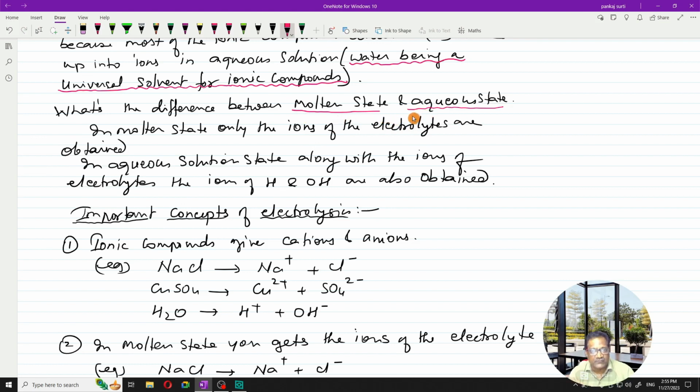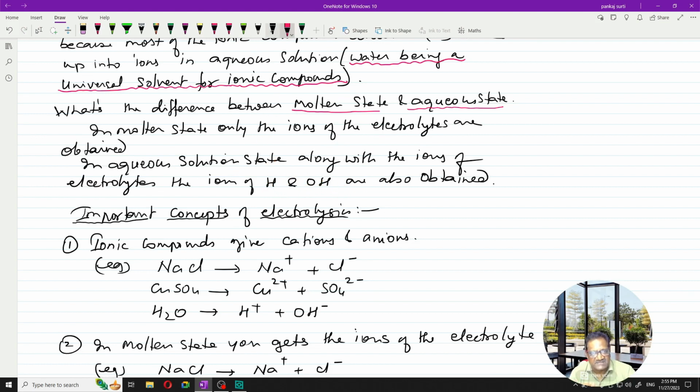But then what is the difference? The difference is that in the molten state only the ions of the electrolyte are obtained. So when you are melting a particular electrolyte, you will get the ions of that electrolyte only. But if you are dissolving that ionic compound in water, the water will also be ionized, splitting into its ions, that is hydrogen ion and OH ion.